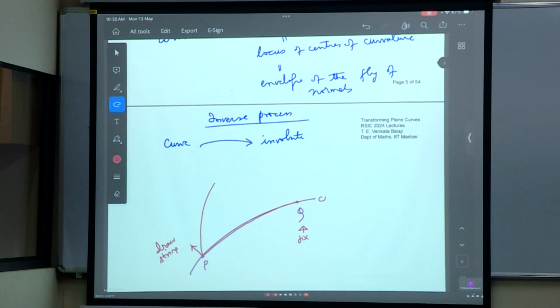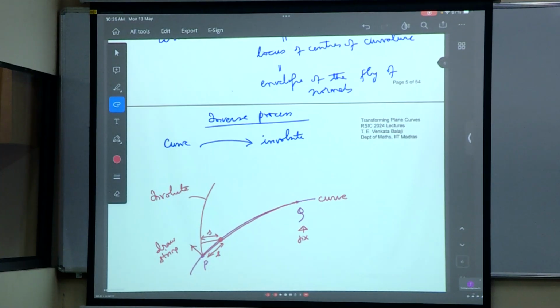This is the curve and this is the involute. And you see, at every point, when I pull it out, this distance will be the same as this distance. That is the string that is pulled out, okay?